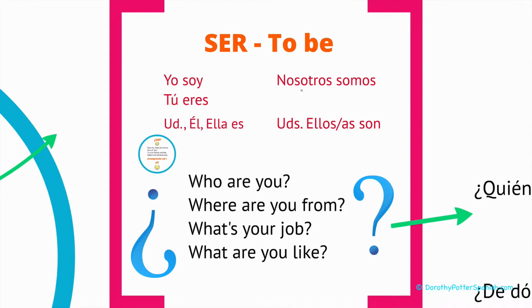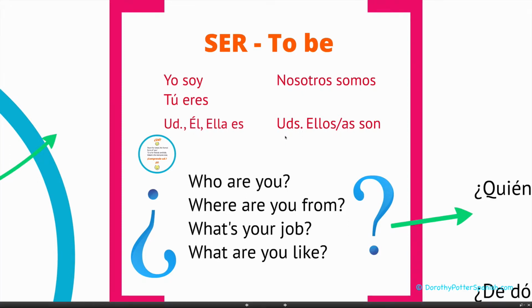Also nosotras, if we are just women in the room. And ustedes, you guys. Ellos, and ellas, they. Repeat one more time. Soy, eres, es, somos, son. Remember, we don't need the subject pronouns to understand who is speaking.